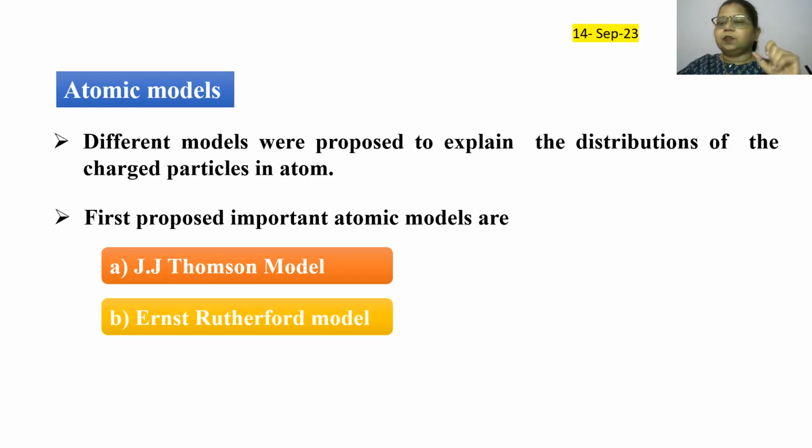If you remember your Rutherford model, it is also called Rutherford's nuclear model. So when we are describing the Thomson model, we must not use the word nucleus, right? So now, can anybody improve that definition or description of Thomson's model?